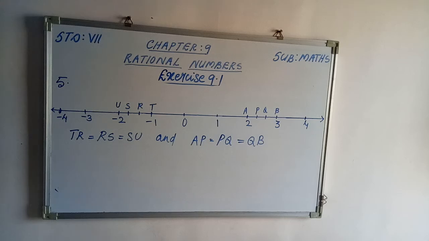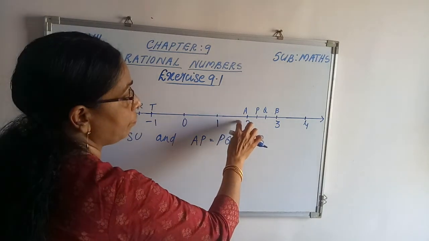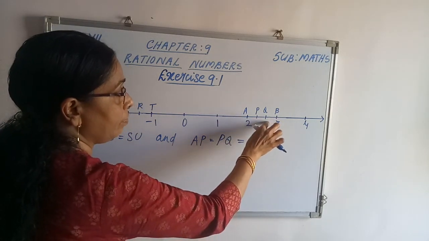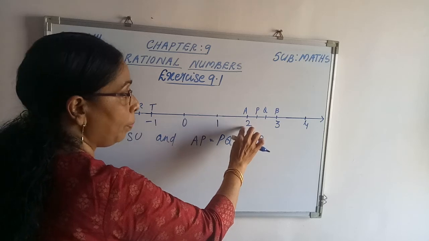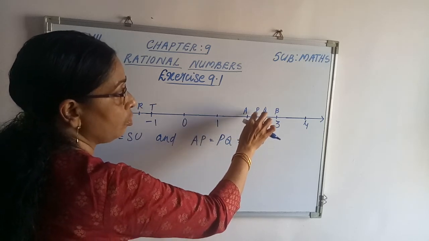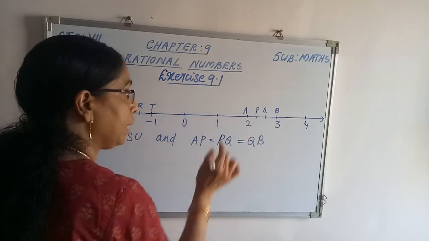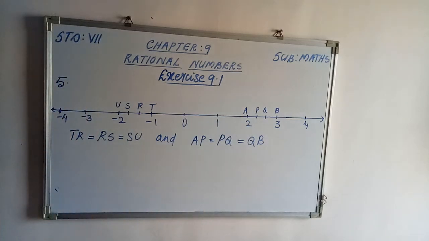So what about P then? P represents the rational number. P is after 2. How many parts is it divided into? 3 parts. So 2 plus the first part, that is P. 2 plus 1 upon 3, the first part out of 3.